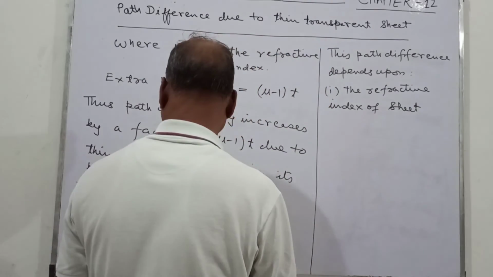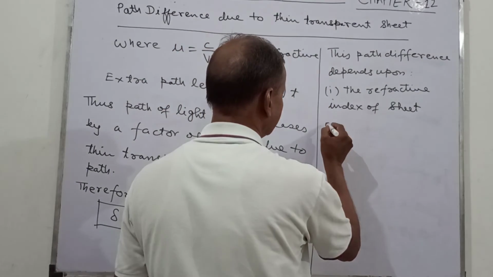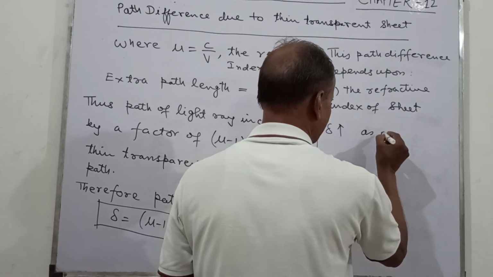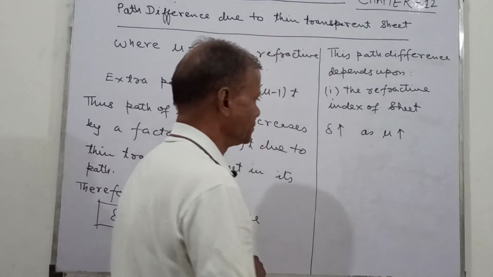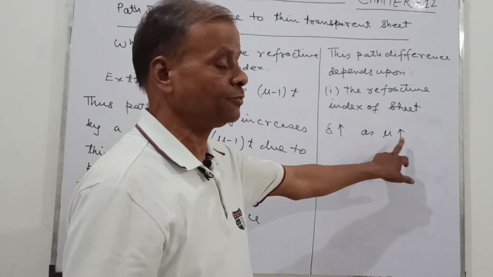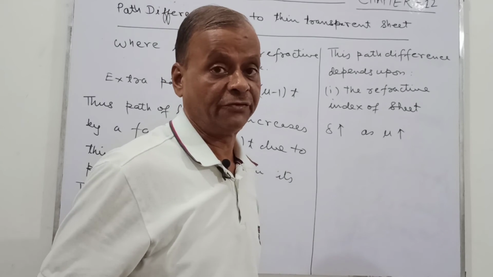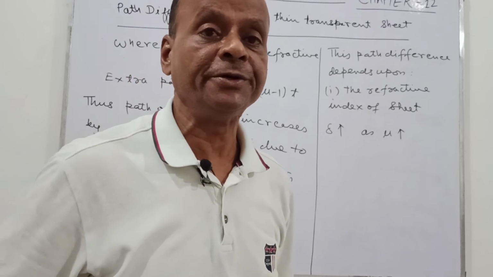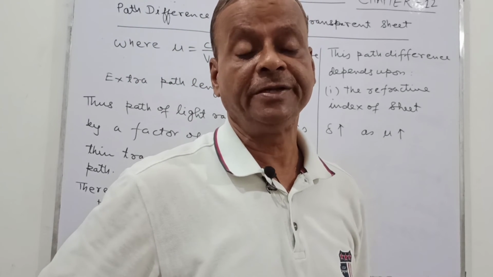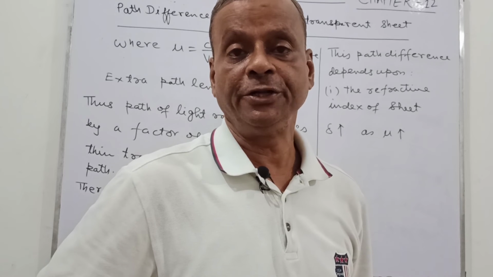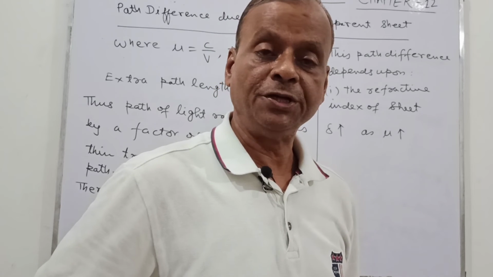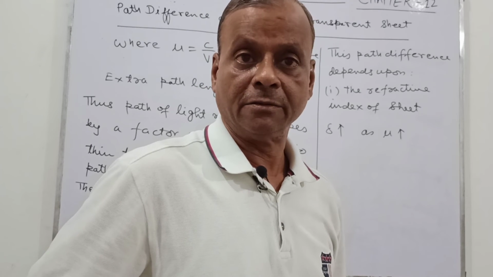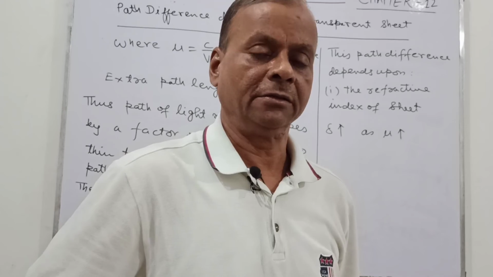So what we see is that this delta increases as mu increases. Larger the value of mu, larger will be the path difference. I have told you the refractive indices of so many materials earlier in my video, that this mu is no more a constant, but it depends from material to material.